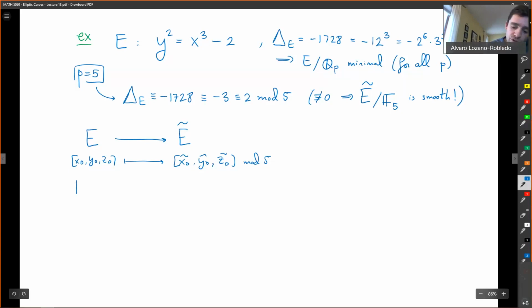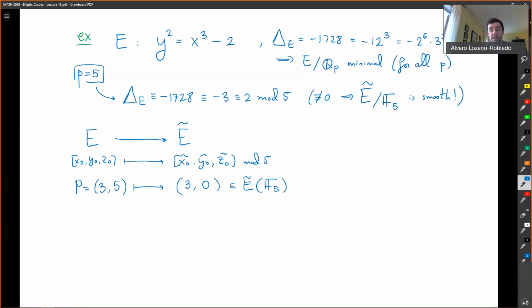So P, which is (3, 5), maps to, simply I reduce the coordinates modulo 5, so it must be reduced to (3, 0) as a point on the elliptic curve over F5. Does it work? Yes, because 3 cubed is 27, minus 2 is 25, which is 0. So y equals 0 is a y coordinate for that. So that's a point over F5.